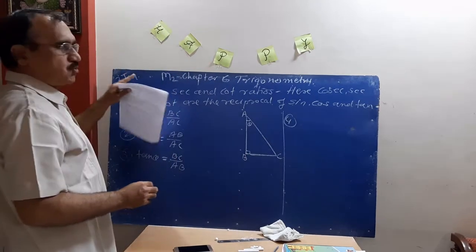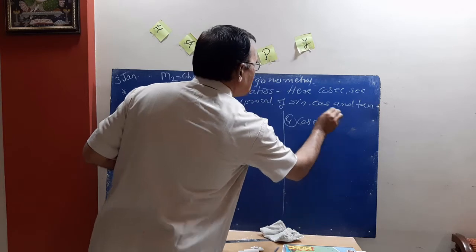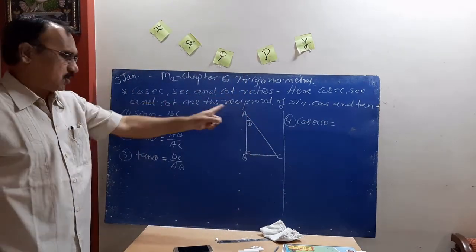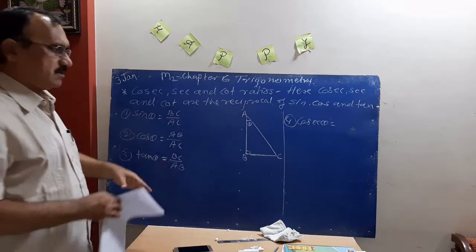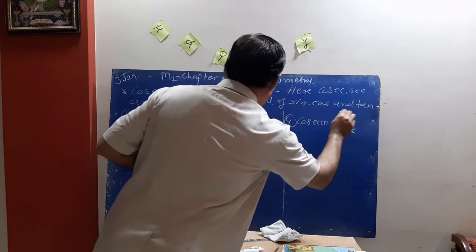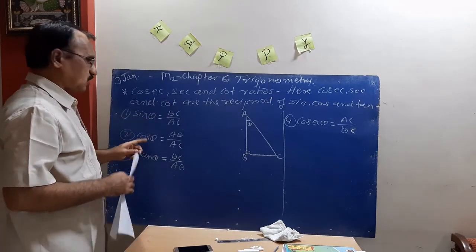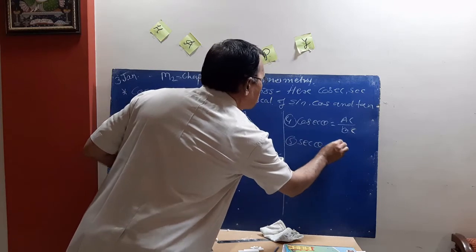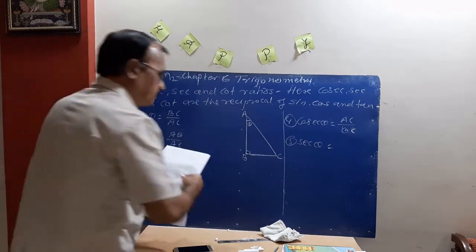Fourth one, that is cosec theta. You know cosec is the reciprocal of sin. Sin theta is BC upon AC, that means cosec theta is AC upon BC. Then sec is the reciprocal of cos. Therefore sec theta is equal to, if cos is AB upon AC, then AC upon AB.